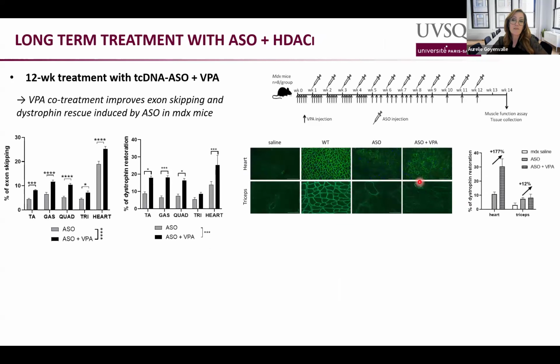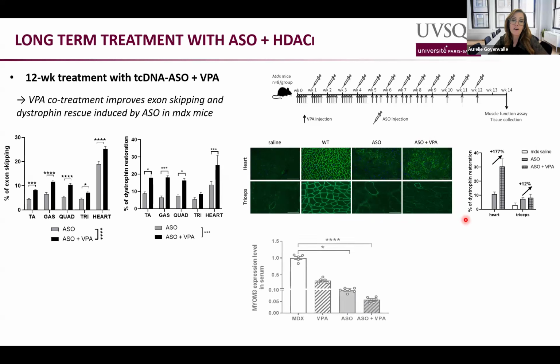And a 12-week treatment indeed showed higher exon skipping in all the muscles evaluated and higher dystrophin restoration. In this case, it was almost twofold everywhere. This was also shown by immunostaining here, where it's very evident that there's more dystrophin expression in the heart, for example.